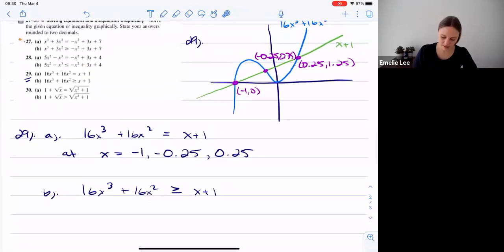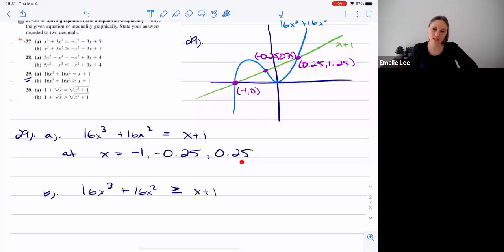Well, so here, by saying the x values, it doesn't actually matter which function I put them into. If I plug in 0.25 into either of these, this one's easier, then I end up at 1 plus 0.25 plus 1, which is the y value.